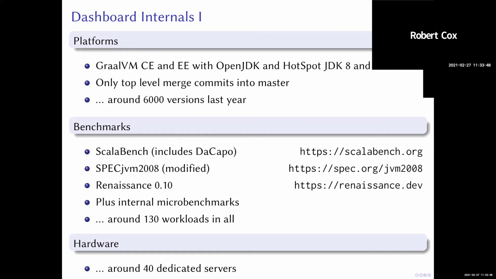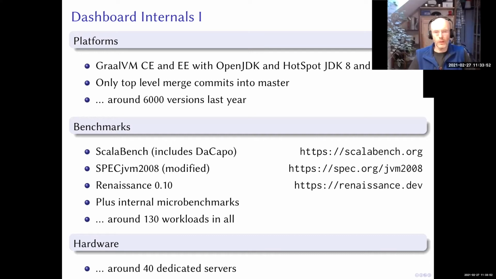We use the Renaissance suite plus some internal microbenchmarks, so around 130 workloads in all. We run our measurements on a dedicated set of servers, around 40, give or take. So it's not yet in a shape where one could run this on a local development machine. It needs a smallish cluster of measurement machines.